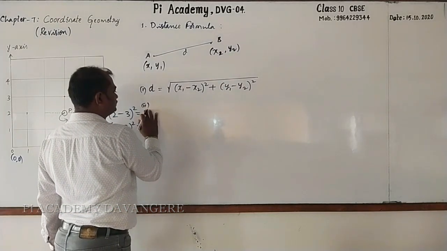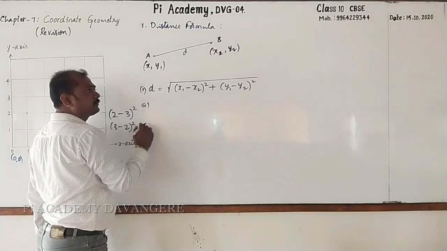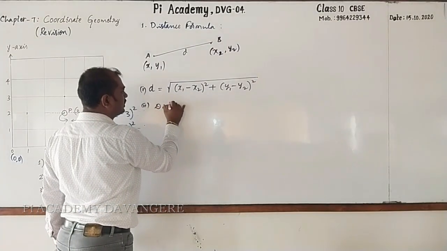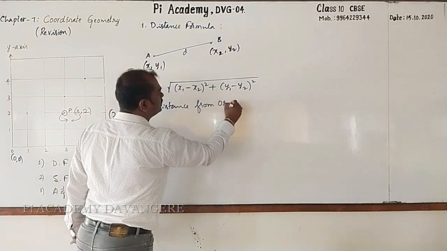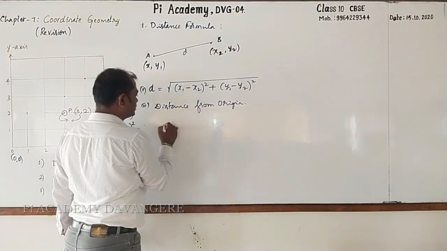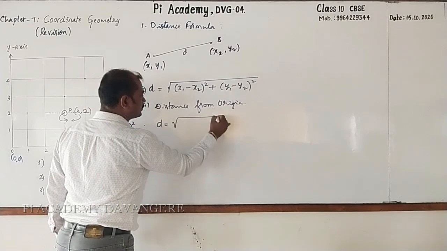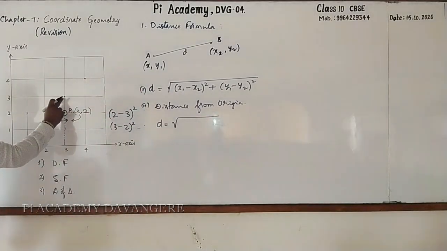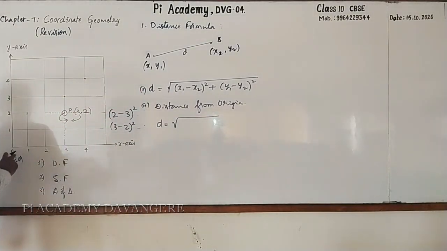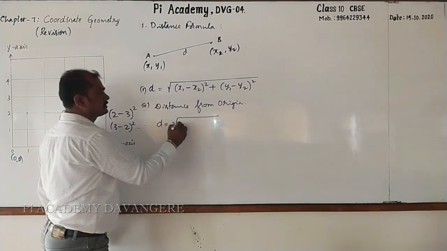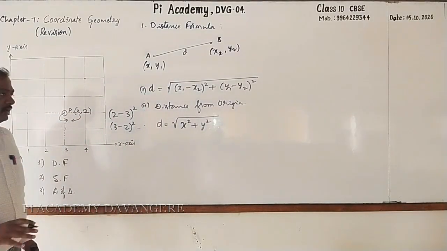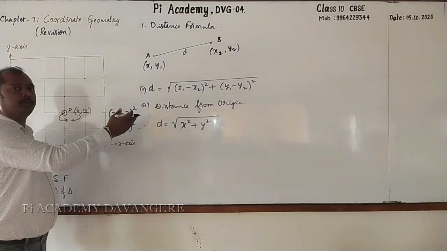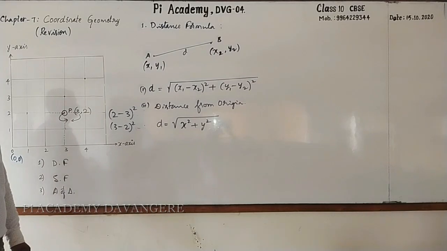Then the distance from the origin, d, is equal to square root of (x minus 0) whole square plus (y minus 0) whole square. This is square root of x square plus y square. Got it? Okay, now let's take a few problems on this formula.